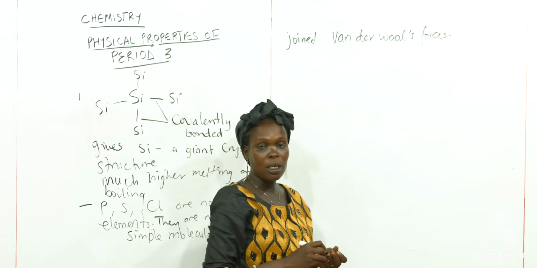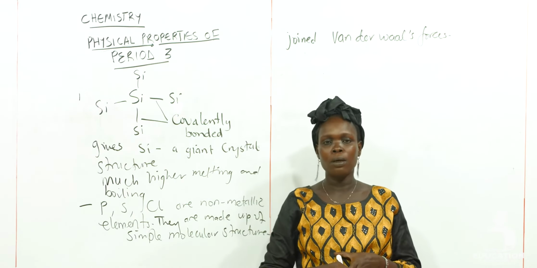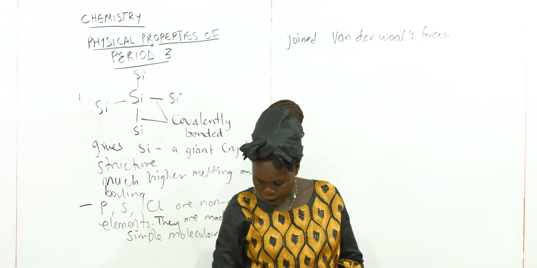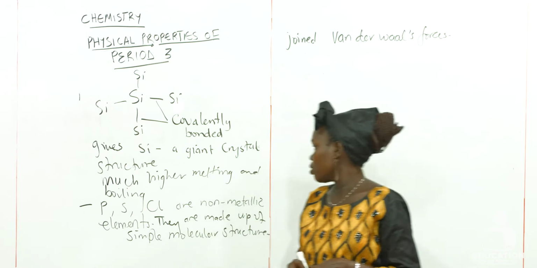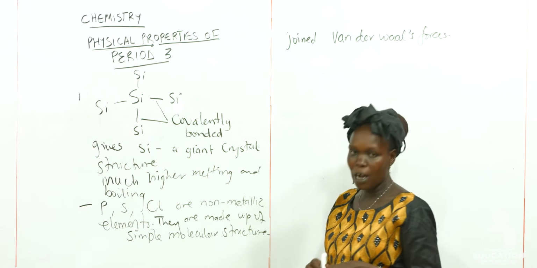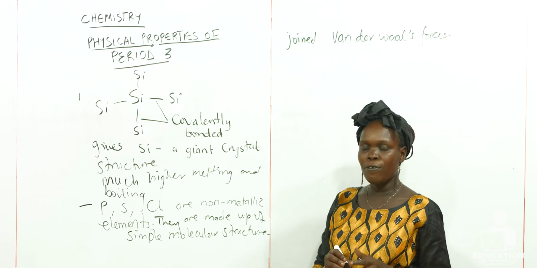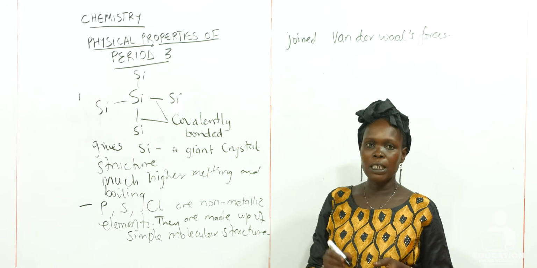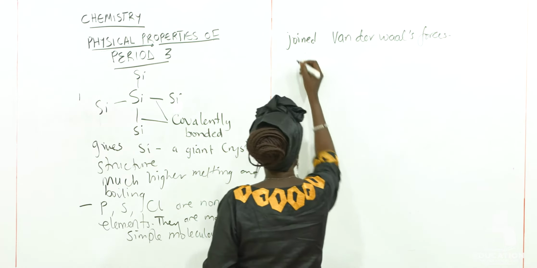This is a force which is actually experienced by most non-metallic elements, therefore resulting in their general lower melting and boiling points. So we have to remember that this makes these 3 elements have lower melting and boiling points compared to the previous elements, which are sodium, magnesium, and aluminium.